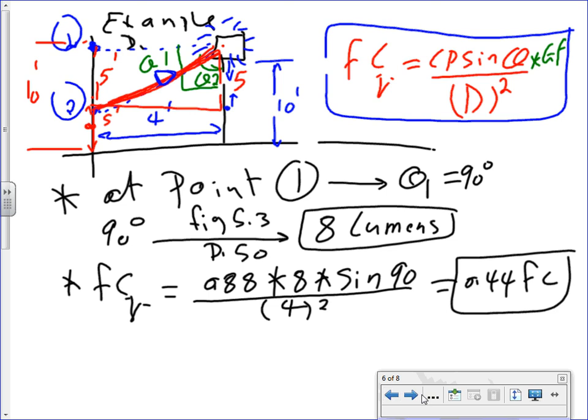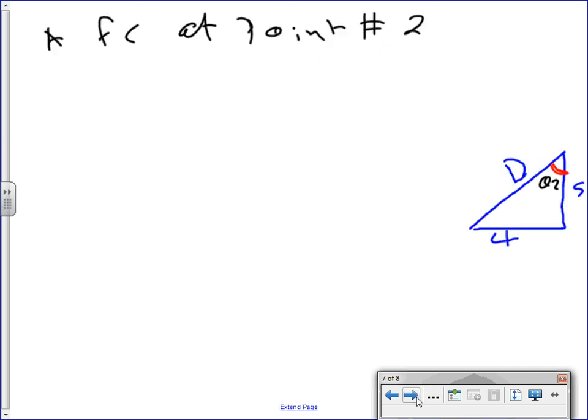Okay, let's go do that. From 5, 4, you're going to find a couple of things. So at point 2, we need to find tan Q2.